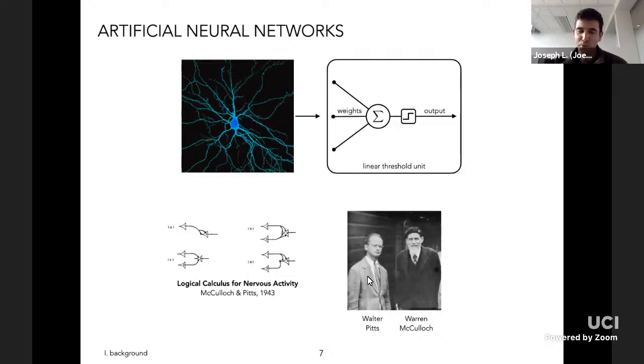Here are Walter Pitts and Warren McCulloch. They had this idea that we're going to abstract away biological neurons into abstract computational units. And if you asked these two gentlemen what area they worked on, you'd probably get the answer cybernetics.